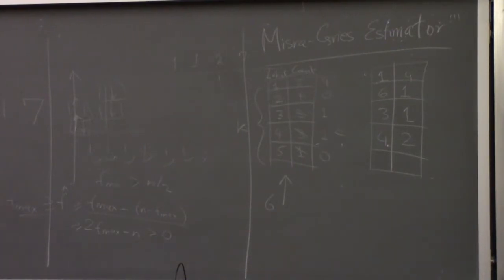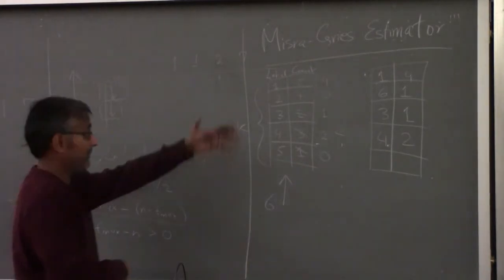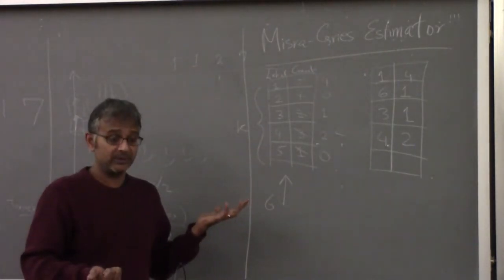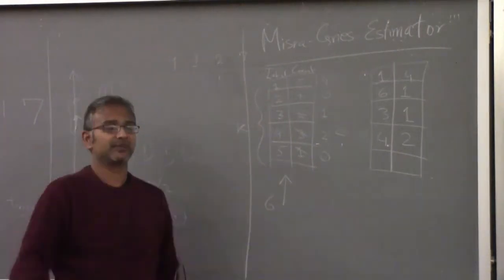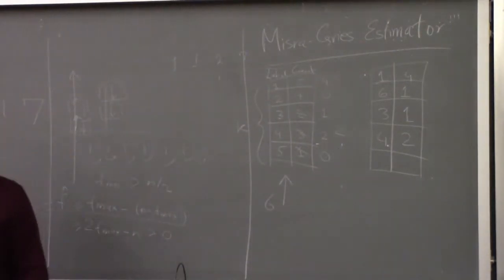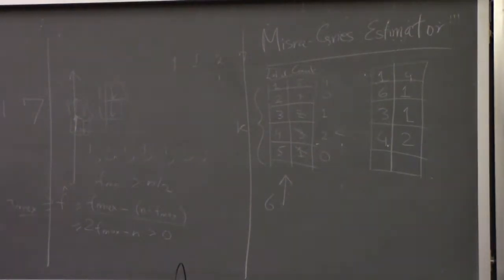At the end, when I finish processing all the input, I have some array with some numbers in it. Right? I just give all these as my answers for the most frequent items. And these are all the counts. Is the algorithm clear?